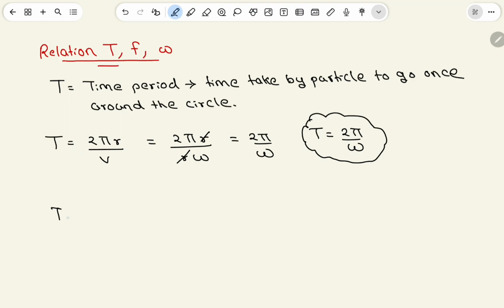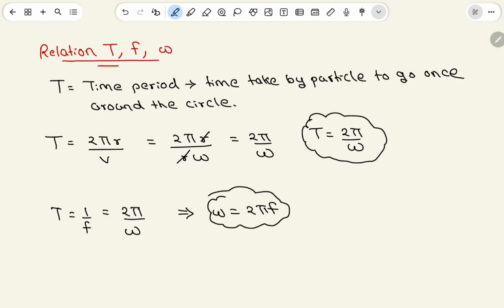Now, we all know time period is 1 over frequency. And using the above relation, 1 over f is nothing but 2 pi over omega. And we get a relation between omega and frequency, that is omega is equal to 2 pi f. So these are the other two relations that you need to remember.